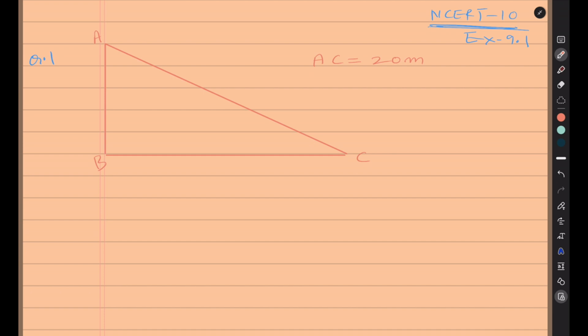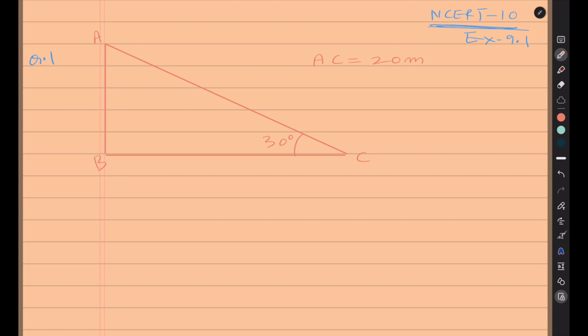The angle made by the rope with the ground level is 30 degrees. So there are two things: this is the rope, and to the ground level, the angle made is 30 degrees.